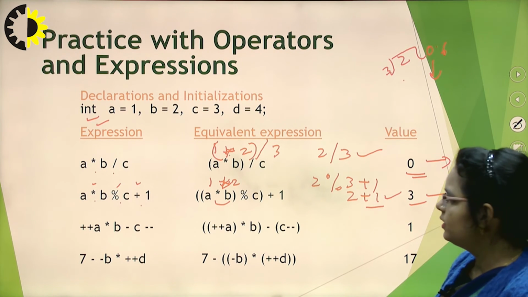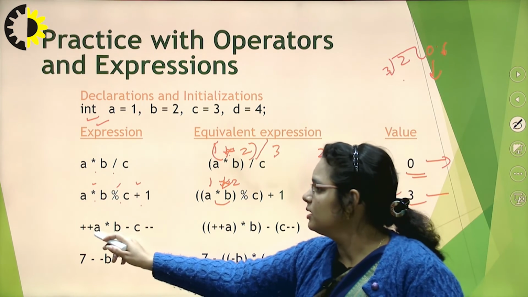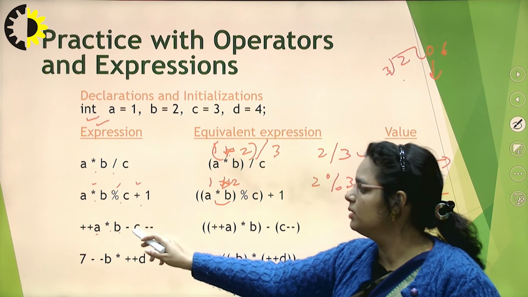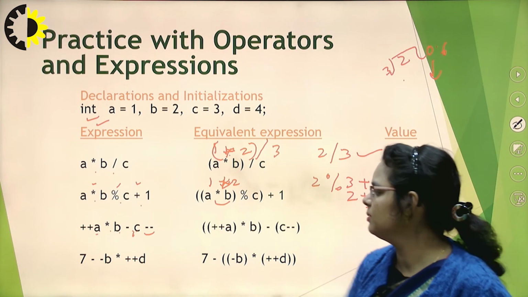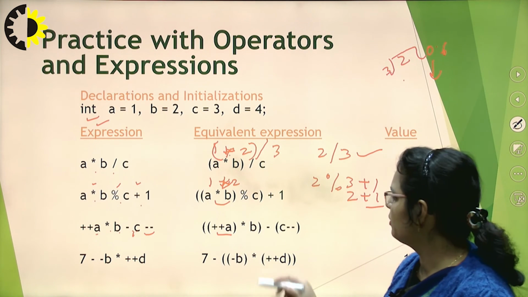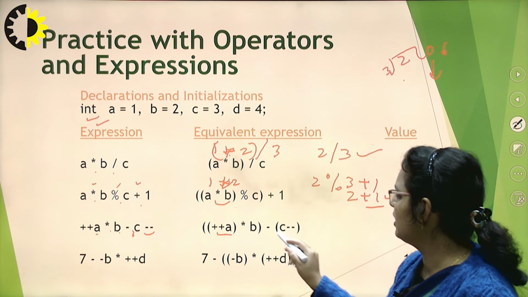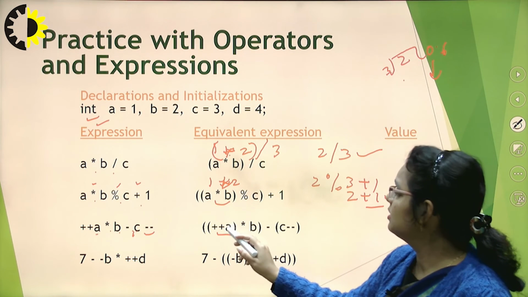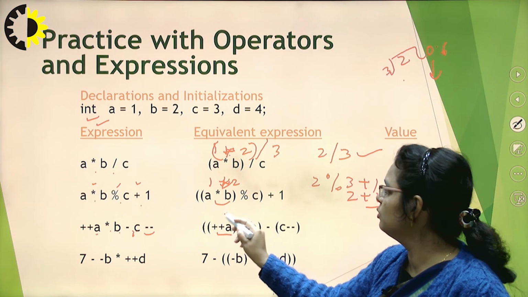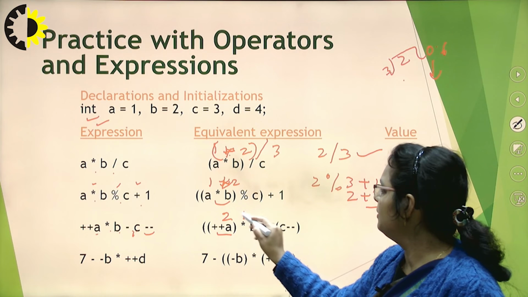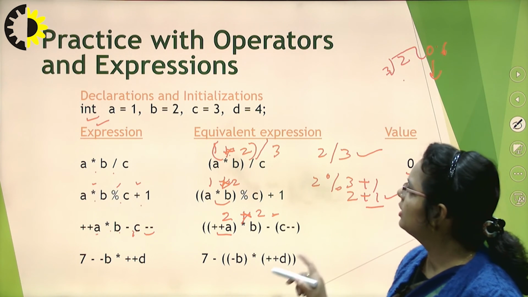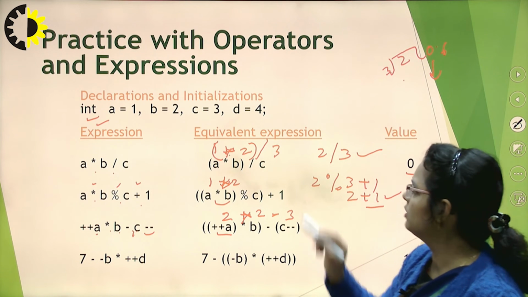Now let us move to another expression: ++a multiplied by b minus unary minus and then c--. First of all, the ++a operators would be evaluated, and then multiplication and minus. So let us take an example. First of all, the value of a would be incremented from 1 and become 2, and multiply b has 2, minus c, which currently has 3, and then this value of c would be decremented.